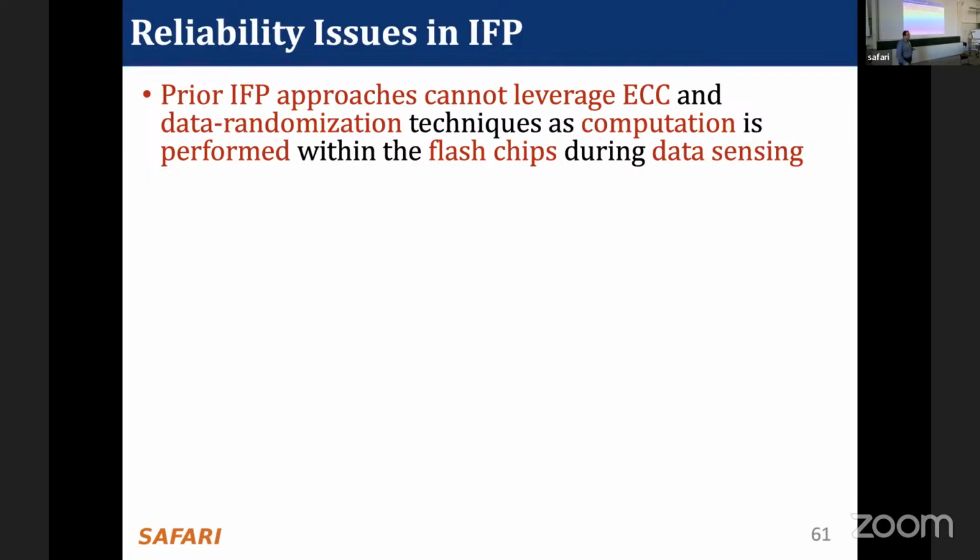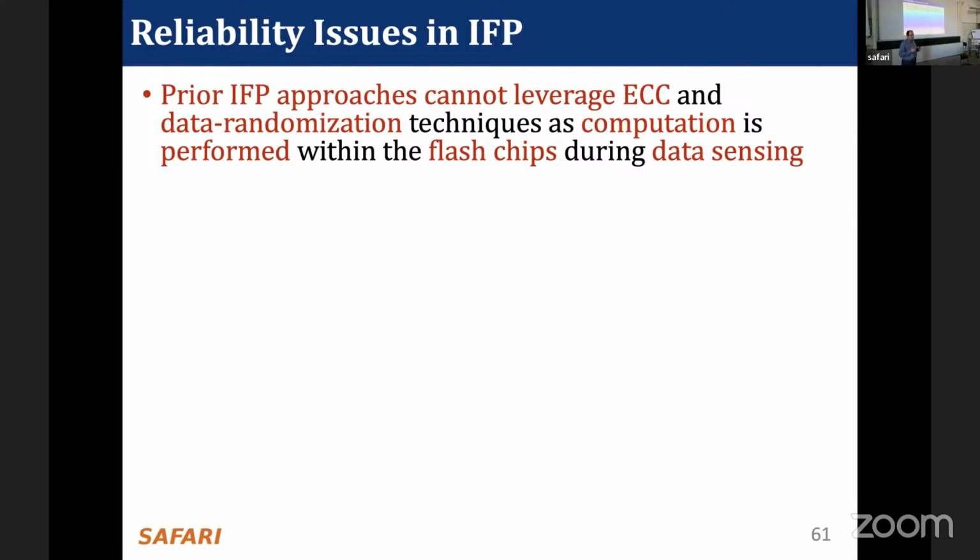They also have reliability issues. Since you want to do operations inside the flash memory, note that flash memories are well known to be error prone. When you read data from flash memory, it usually has a lot of errors, and you try to correct those errors by using ECC.